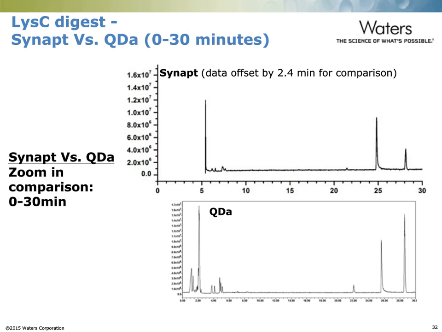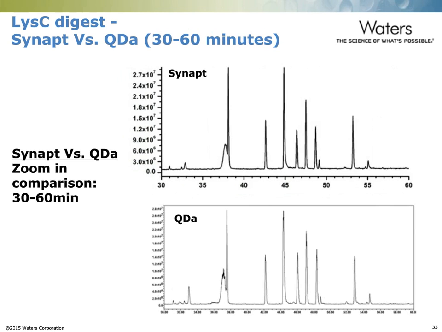But for routine monitoring, once the identity of each of those peaks is known, can the QDA detect and monitor each of those peaks? Shown here is the 0 to 30-minute trace. The chromatograms are offset somewhat, and that's due to the fact that they were each run on a different chromatographic platform, Synapt on an I-Class, and QDA data on an H-Class.